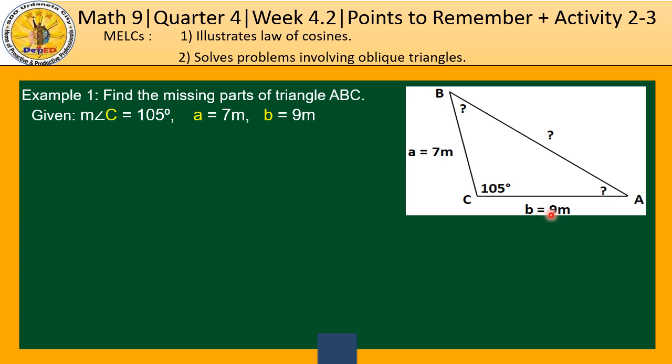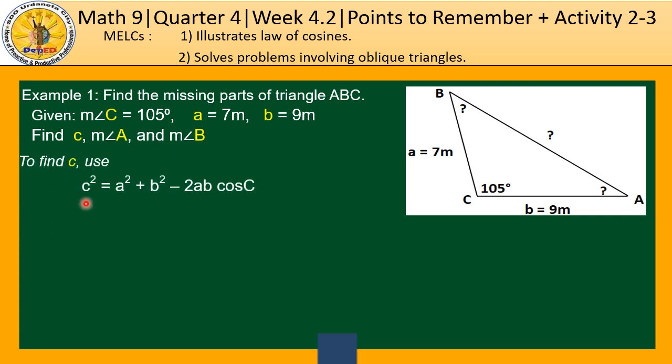So we will use the first group of formulas. We are going to look for side c, the measure of angle A, and the measure of angle B. To find c, use this formula. We will start with c.